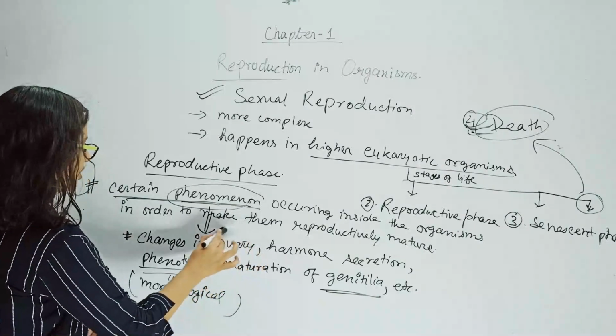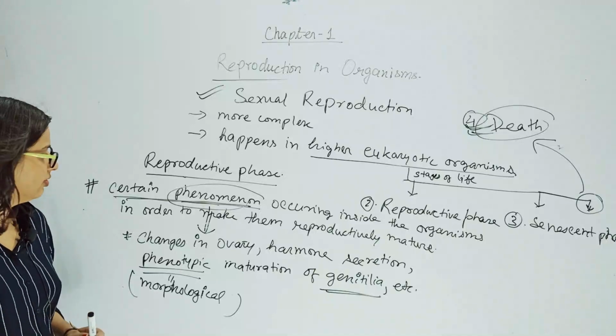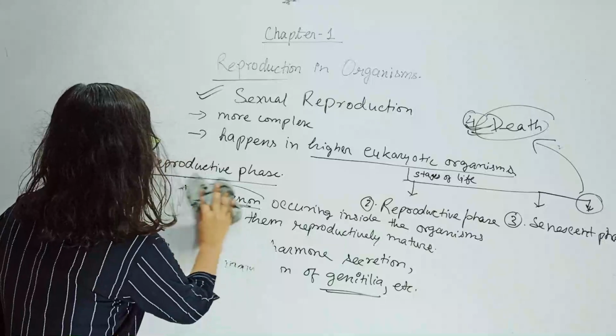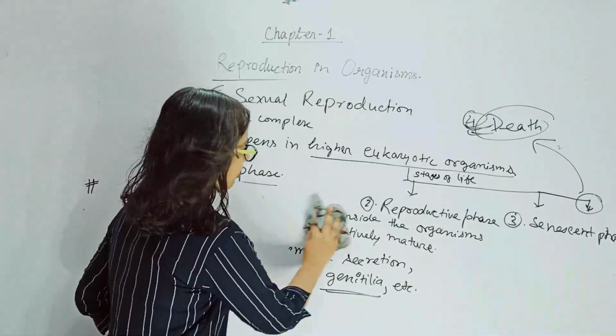Now just focus on the changes in the ovary. Based on the changes in the ovary, there are two types of cycles existing in sexual reproductive organisms.